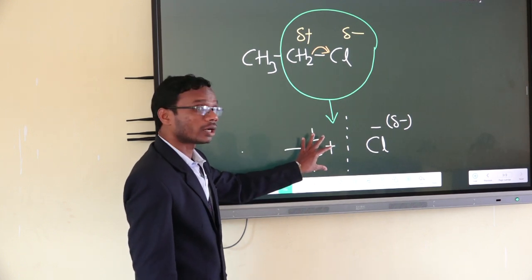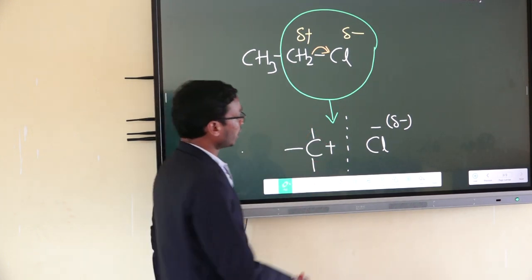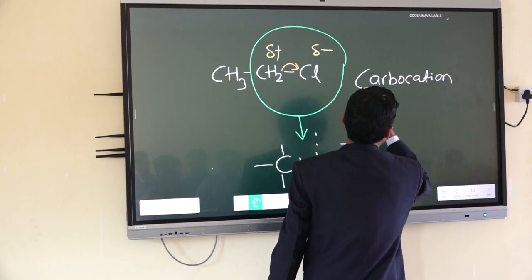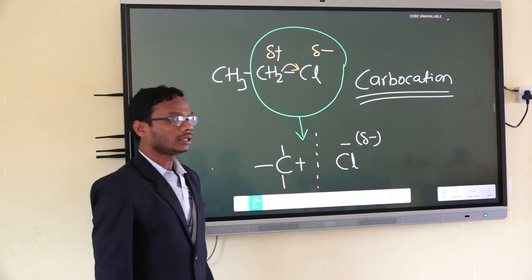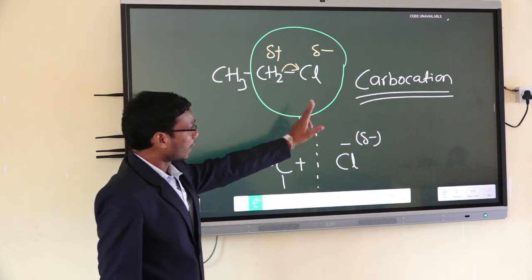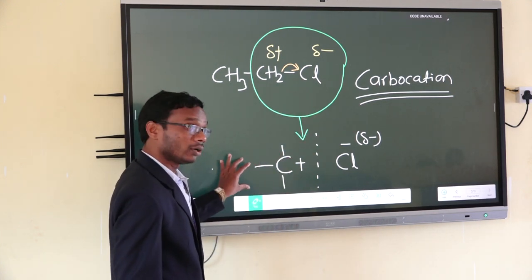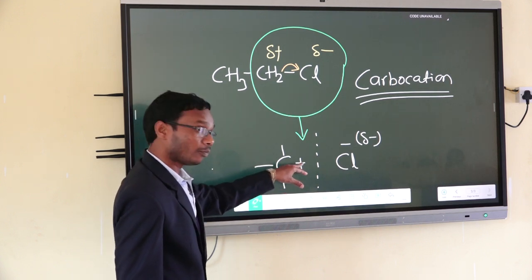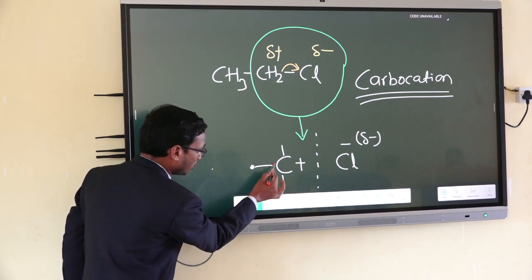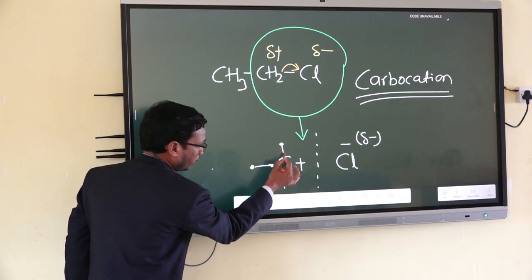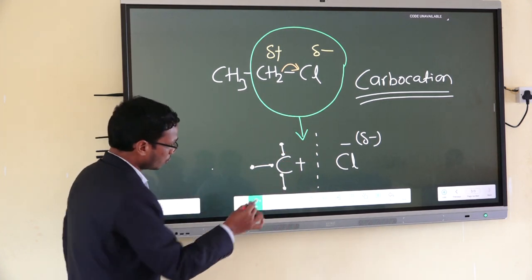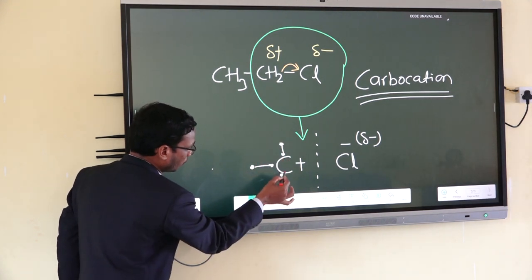This type of species is called a carbocation. So what is a carbocation? A carbocation is an ion with a carbon having a positive charge and 6 electrons. Listen carefully: there are only 6 electrons, 1, 2, 3, 4, 5, 6.